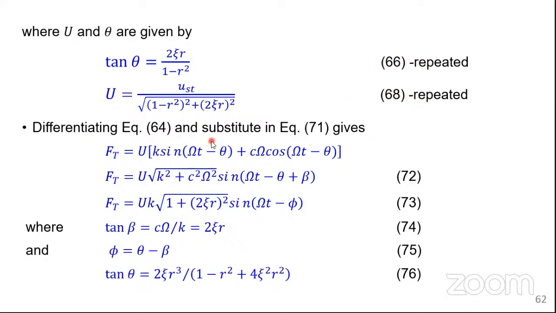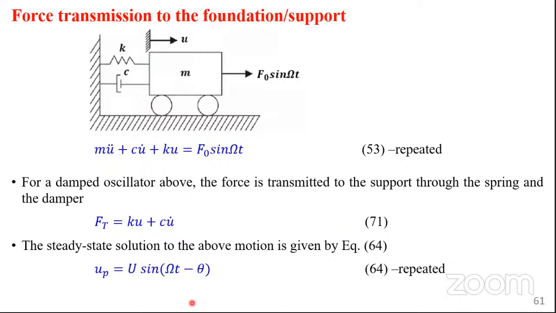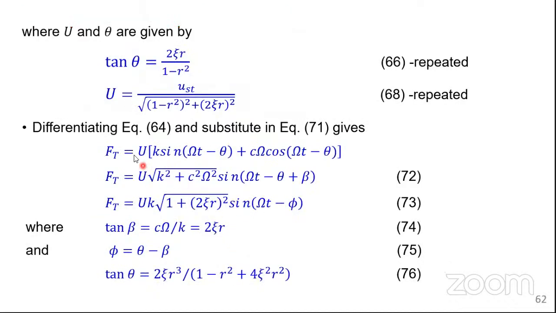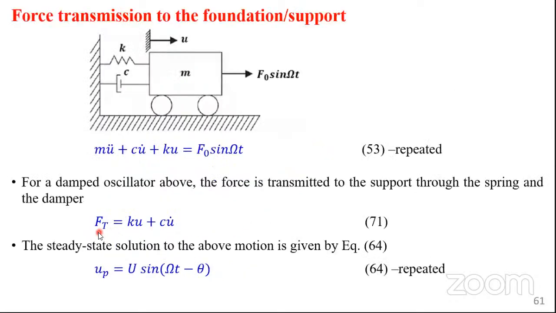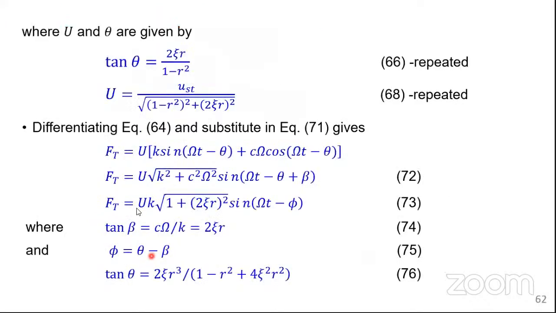If you differentiate equation 64, this is the solution of the steady state response, and substitute in equation 71, now this is where we have the force transmitted to the foundation, because we already have U, the solution, this is 64, and to get the velocity, you differentiate once.